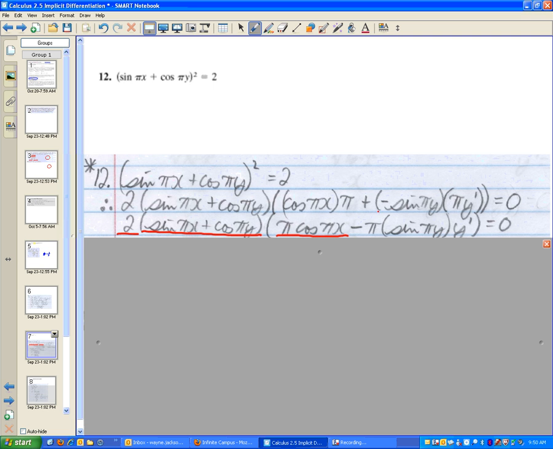And then all of this, the negative sine pi y times pi y prime, leave the negative in front, move the pi in front, and then I'm okay with sine of pi y. Put the sine of pi y in parentheses, though, because you know what's going to happen if you don't, right? You're accidentally going to group that y prime in there with the theta portion, and you will miss the rest of the problem. Don't do that.